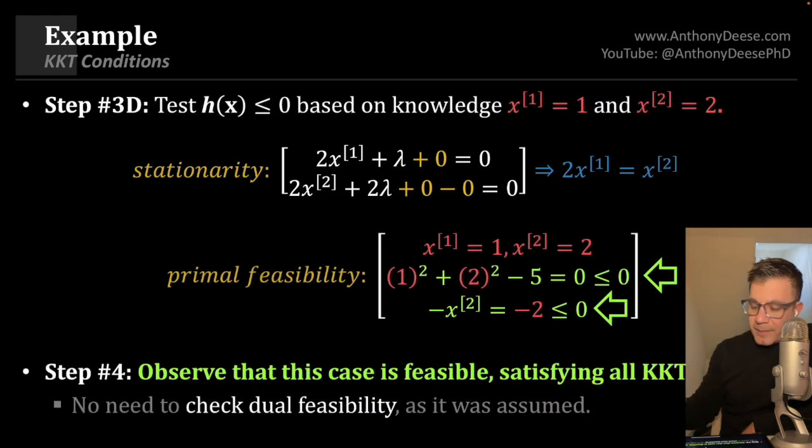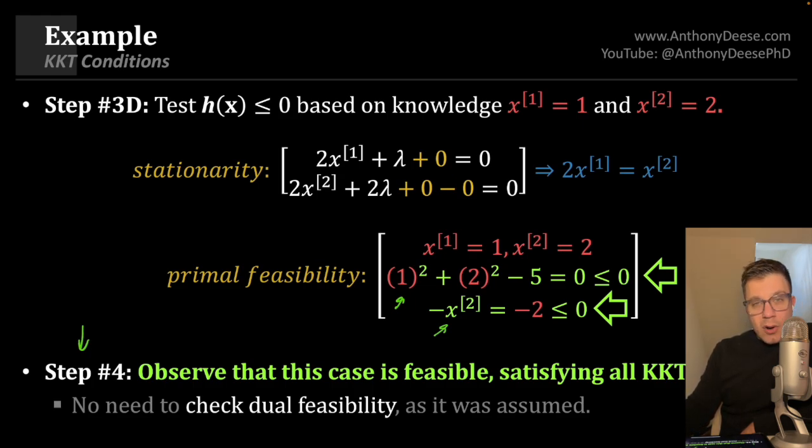All right, so let's test it. So we plug it in here, we end up with 1 squared plus 2 squared minus 5. That equals 0, which is less than or equal to 0. Good. And then negative 2, or negative times 2, gives us negative 2, which is less than 0. And so step number 4, we finally get to that, and we observe that this case is feasible.